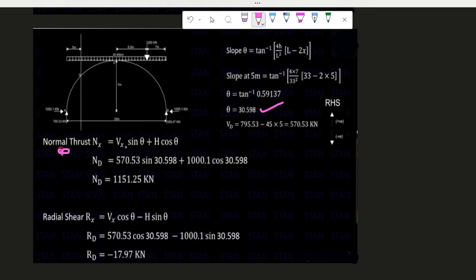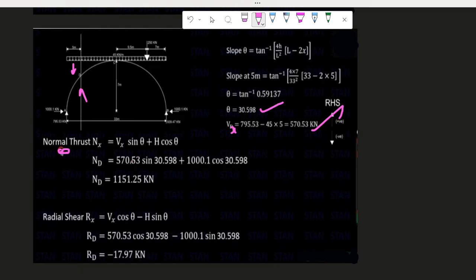The normal thrust formula is N of x equals V of x sin theta plus H cos theta. How to find V of x? V of x is the sum of the vertical forces: VA acts upward, VA equals 795.53, and the UDL converted into a point load is 45 into 5. We get a Vx value of 570.53 kilonewtons.